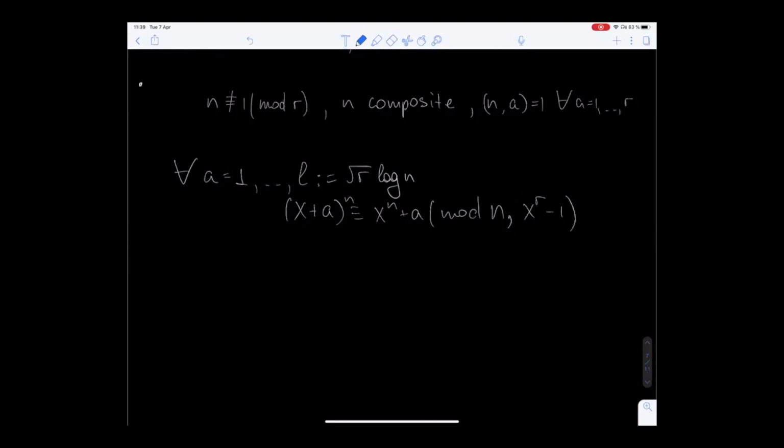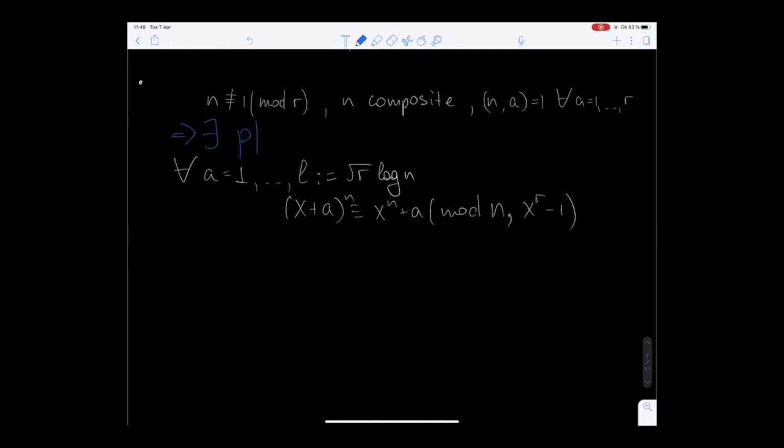This in itself implies that there is a prime factor p of n such that p is bigger than r and p is not congruent to 1 mod r.